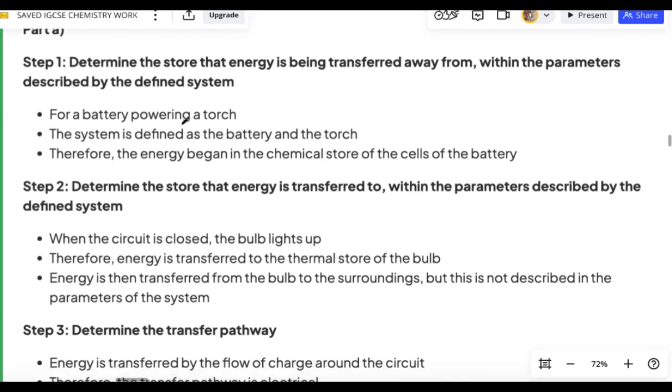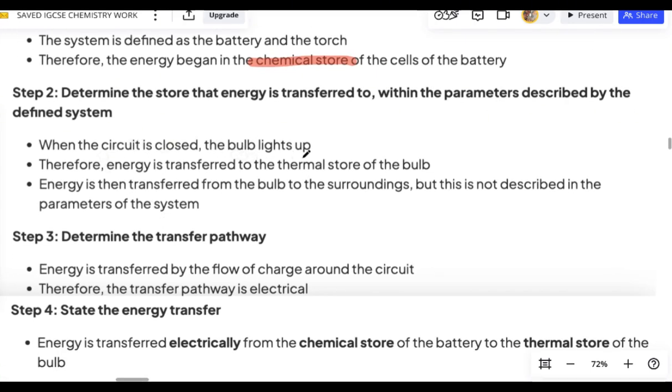A battery is powering a torch. The system is defined as a battery and a torch. Therefore, energy begins in the chemical store of the cell of the battery. So energy will start from the chemical store, like we've established. Then step 2 is to determine the store that energy is transferred to within the parameters described by the defined system.